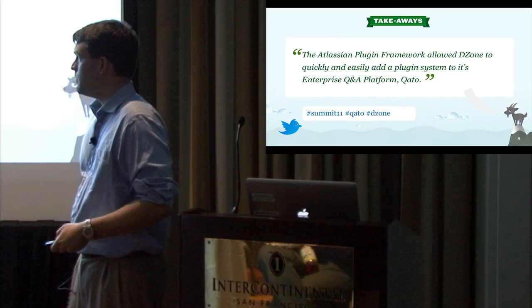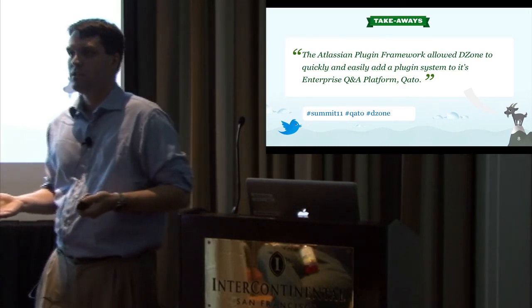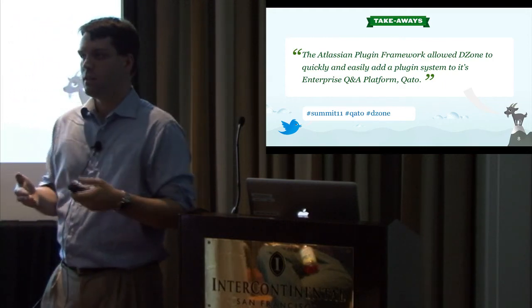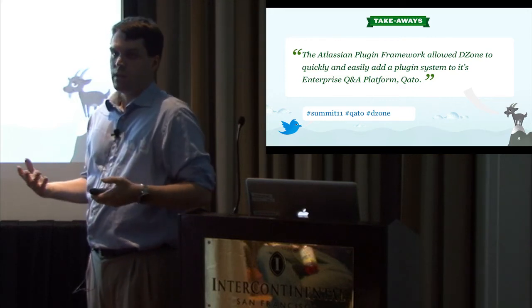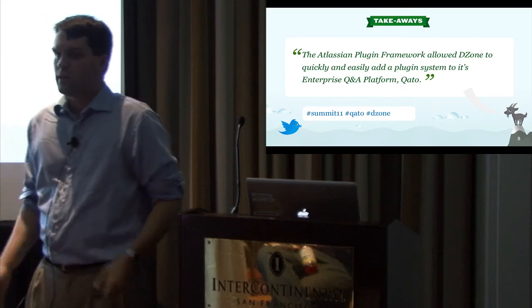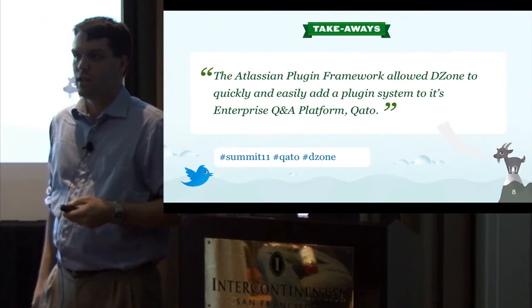So I think that even though there were some limitations, lack of documentation at the time and no multi-tenancy, the changes that we had to make were fairly minimal in the bigger scheme of things, and still allowed us to provide a great platform using something that Atlassian had donated to the community.